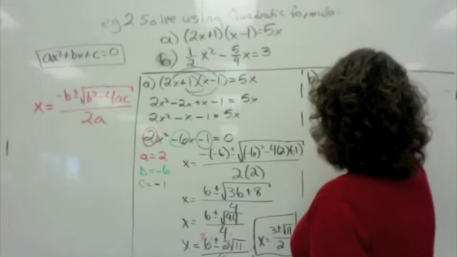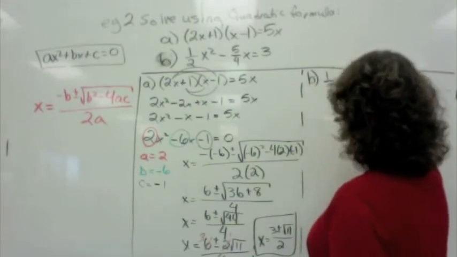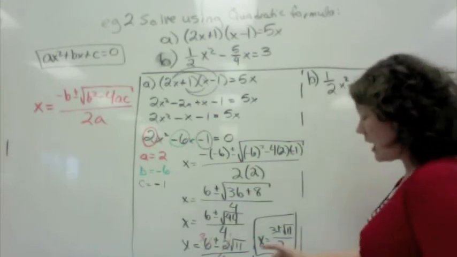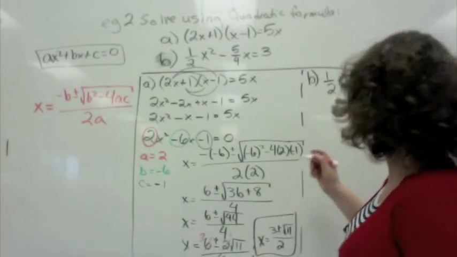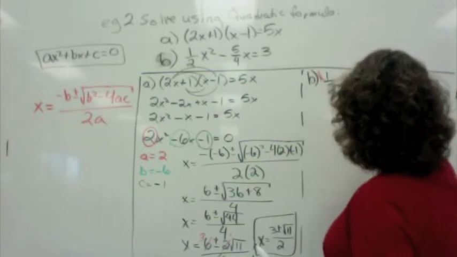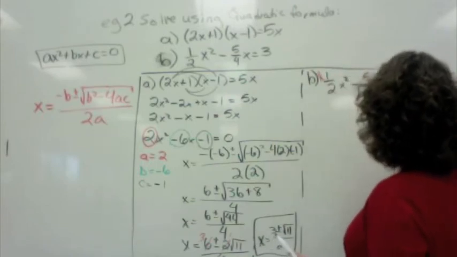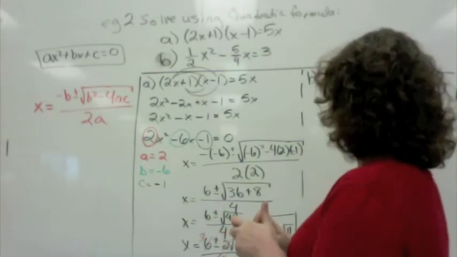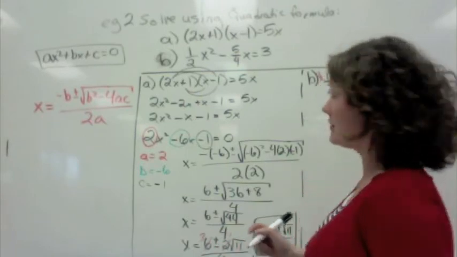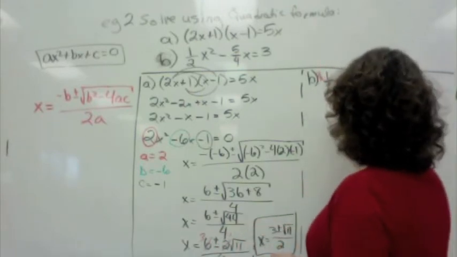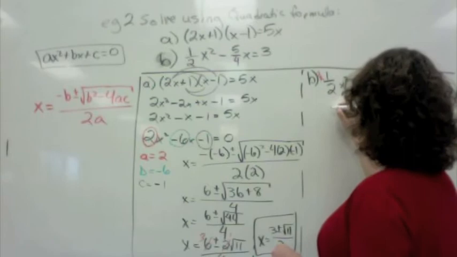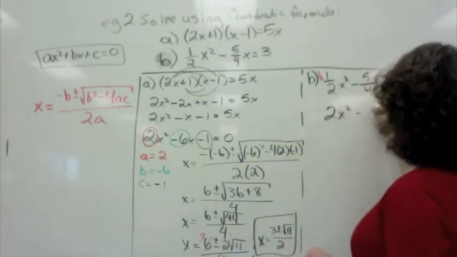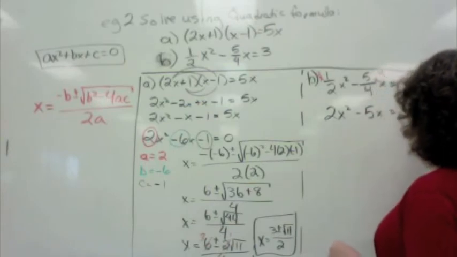Okay, so if I say 1/2 x squared minus 5 over 4x equals 3, I can just multiply all three terms by 4 to get rid of the denominators, essentially. 4 times 1/2 is 2, so we say 2x squared minus 5x equals 12.